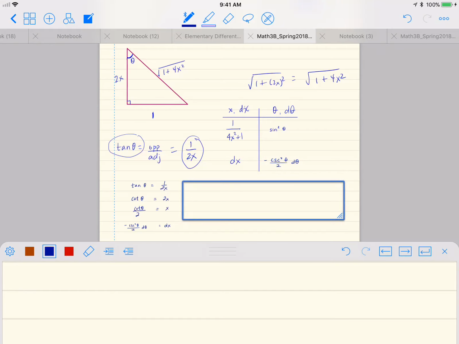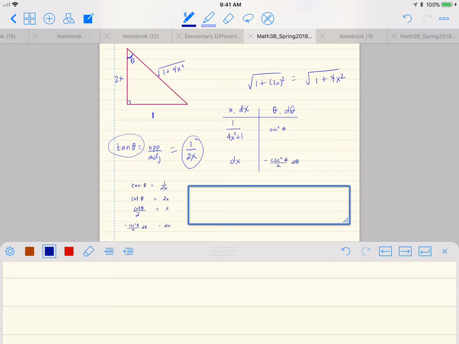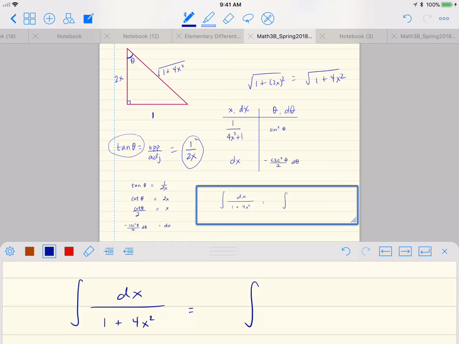Okay, and so now for my last step, I've got to put it all together. So this integral of dx over 1 plus 4x squared is equal to the integral of sine squared theta times negative cosecant squared theta over 2 d theta.